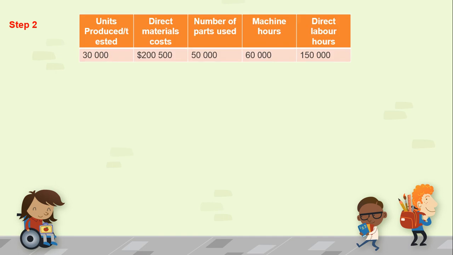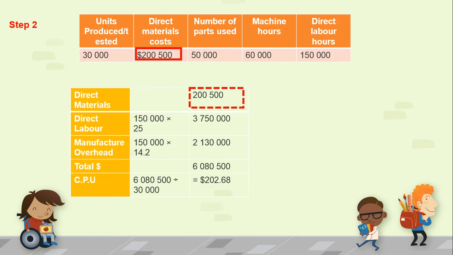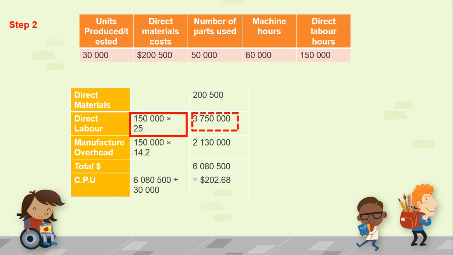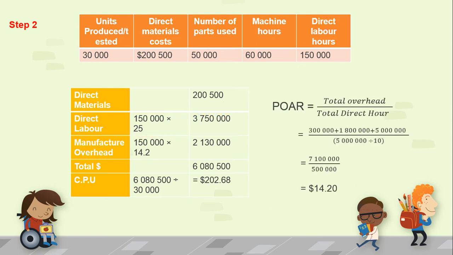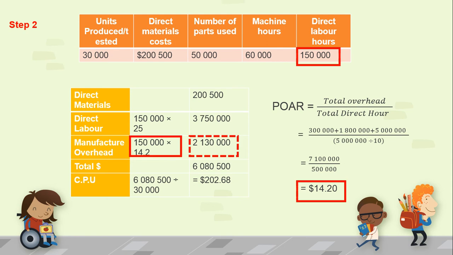Step 2. In order to find the direct material, just copy down from the table. And for the direct labor, it's the same as ABC, just times the $25 per hour rate. For the manufacturing overhead, we need to multiply the direct labor hours by the POAR that we calculated just now, which is $14.20, and it will give you 2,130,000.